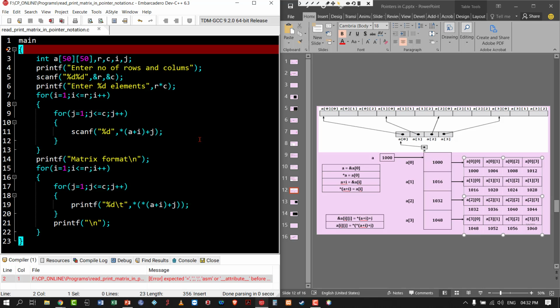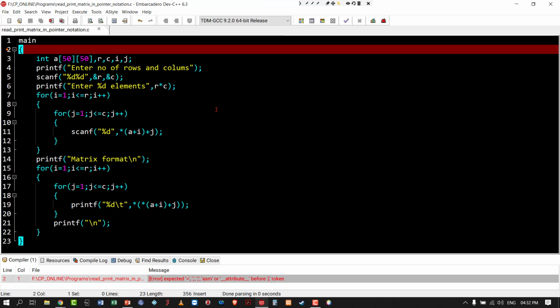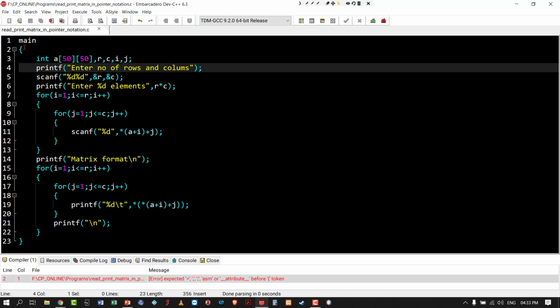So got some error. Sir, the bracket after main. The bracket is there after main. Here it is. Small bracket after main. Where? Line number 1.